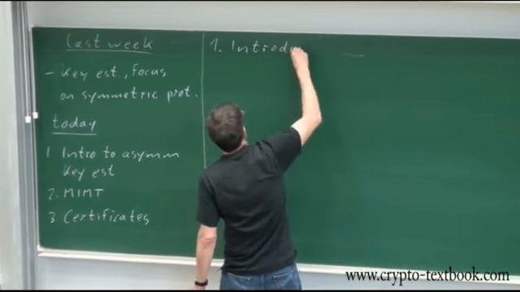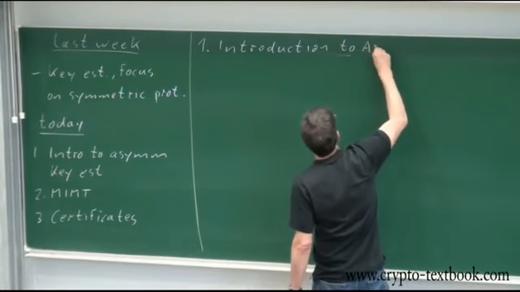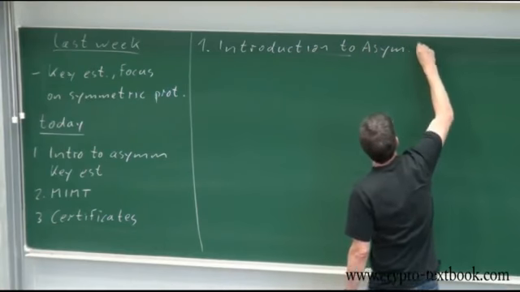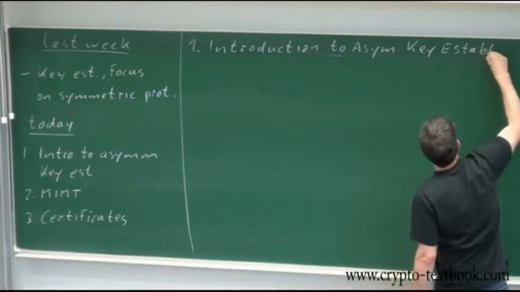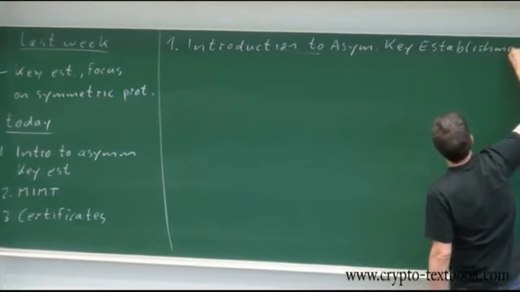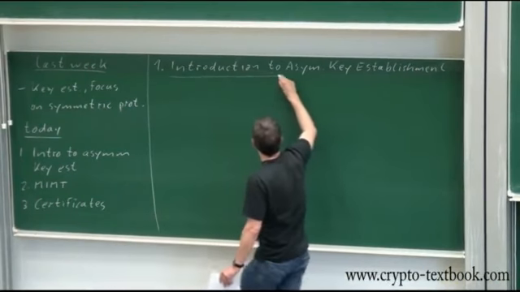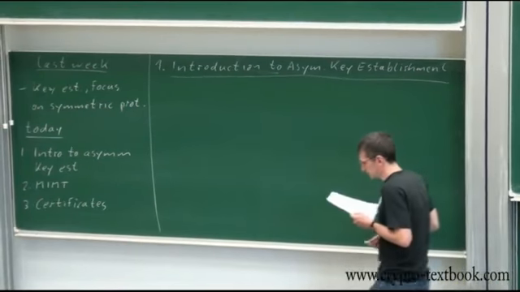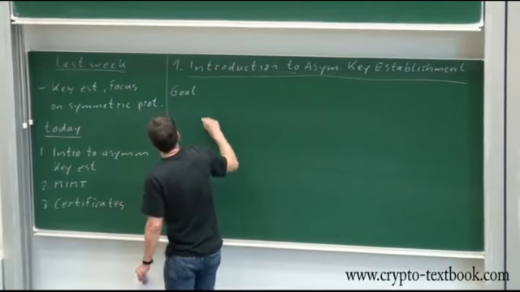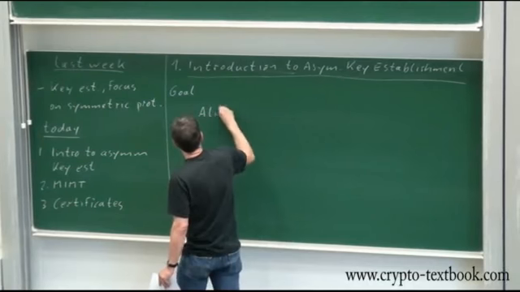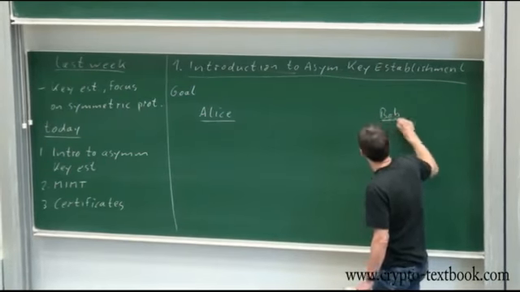Introduction to asymmetric key establishment. So the goal is, we have Alice and Bob, and we're going to have a lot of Alice and Bobs today in this lecture.